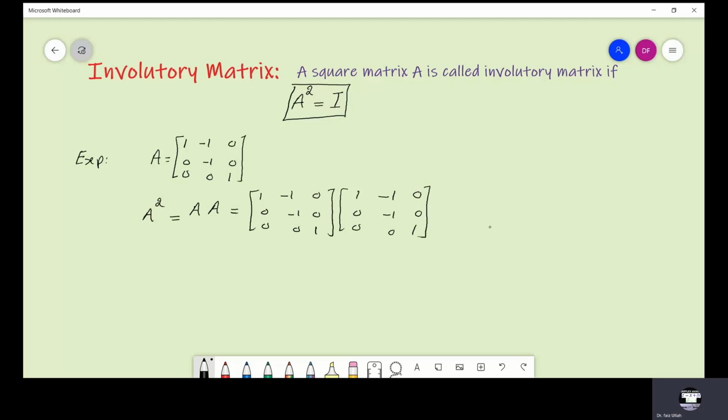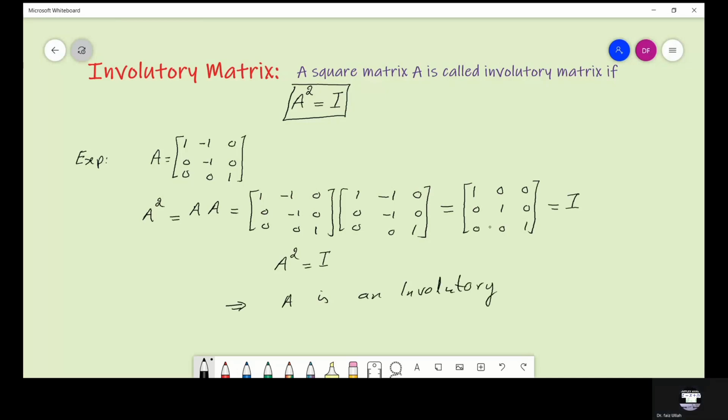If we multiply these two matrices, as a result, we get this matrix 1, 0, 0, 0, 1, 0, 0, 0, 1, which is an identity matrix. So you can see that A square is equal to I. This implies that A is an involutory matrix.